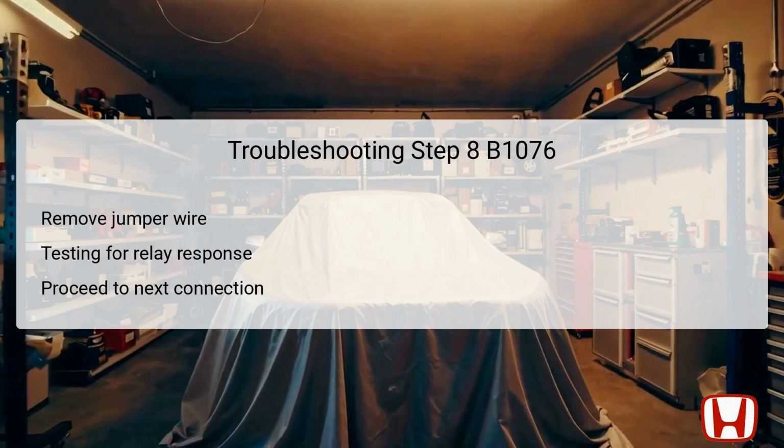Once you've checked the on-off information with the jumper connected, it's essential to remove the jumper wire to revert the circuit back to its original state. This ensures that you have returned all systems to their default state before proceeding with further tests.